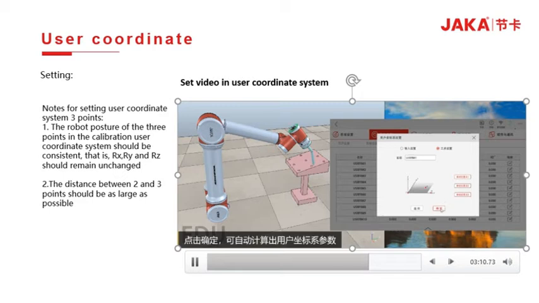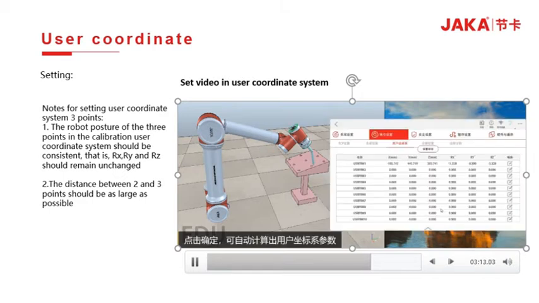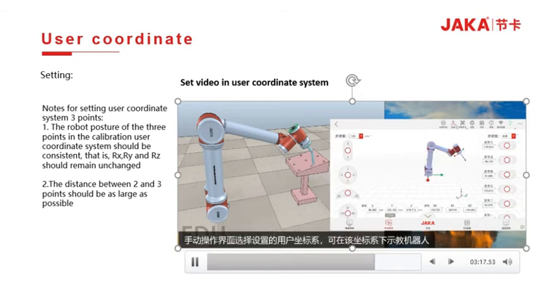Click OK after setting the 3 points to automatically calculate the user coordinate system parameters. The user coordinate system is selected in the manual operation interface, and the robot can be taught in this coordinate system.